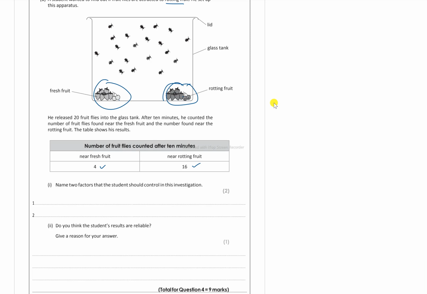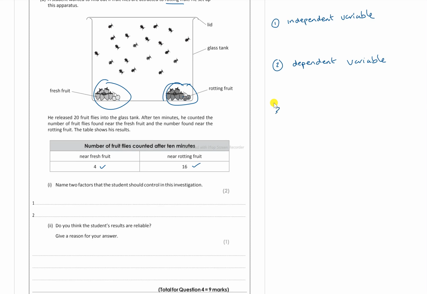So, remember what we said, there's an independent variable. That's the one you control. A dependent variable. That's the one you measure after you've carried out the experiment.